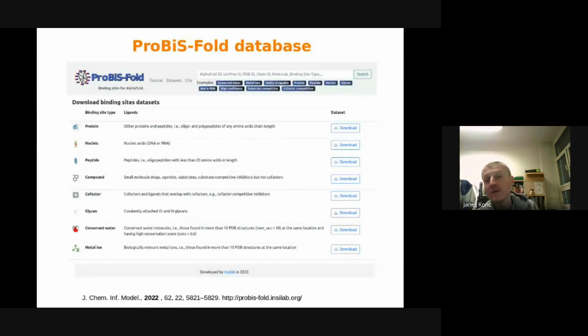within your projects. For example, one possibility is to use them in inverse molecular docking, or molecular screening, when you want to take a natural compound and screen it against the entire human proteome.